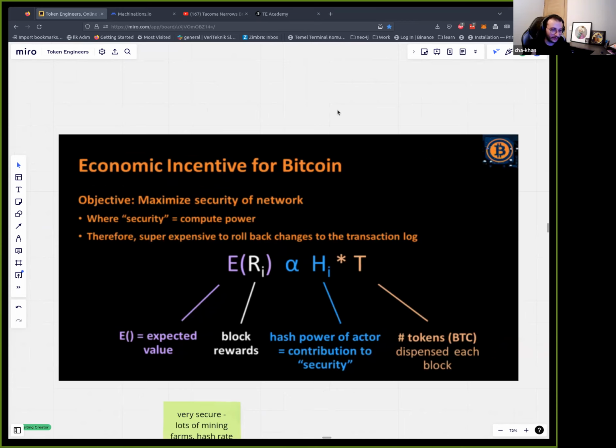Bitcoin tries to get as much computational power as possible to solve the mathematical challenge. The more compute power, the more secure it is, because you need more and more compute power to take over the network, so it's more difficult to make that 51% attack.